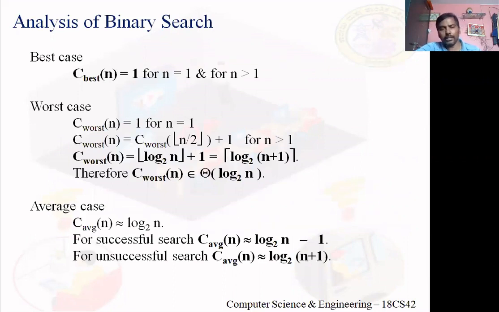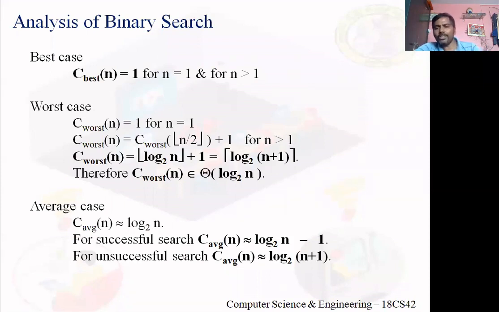I repeat, for those 14 elements we have seen in the decision tree, the maximum is 4 comparisons, that is the worst case. Similarly, in general, in the worst case, not average, the number of comparisons is big theta of log n.